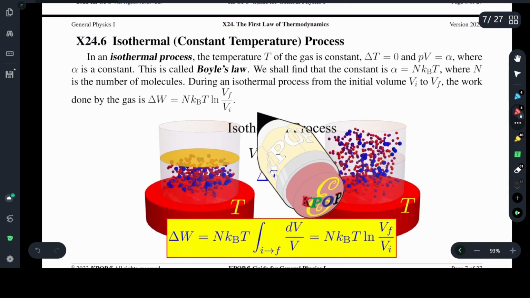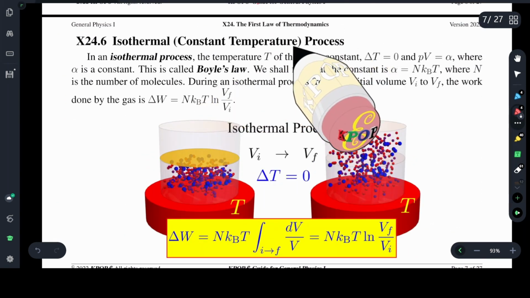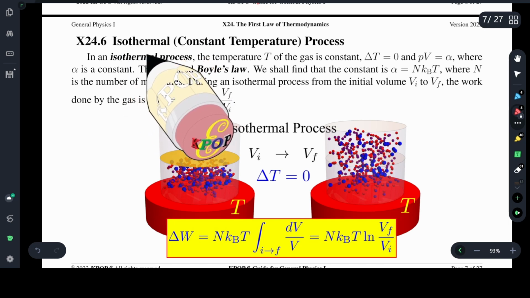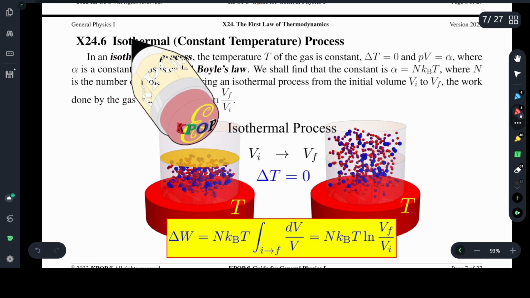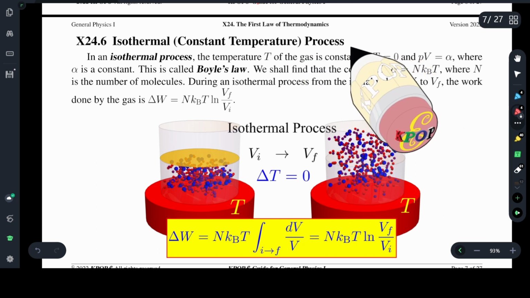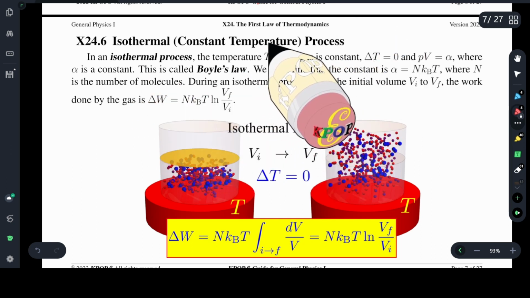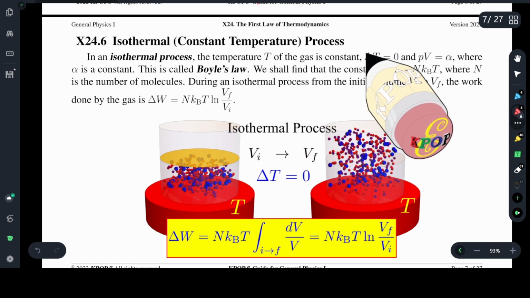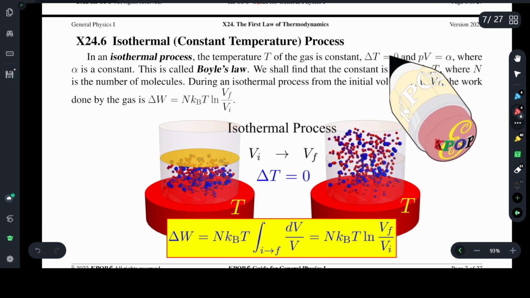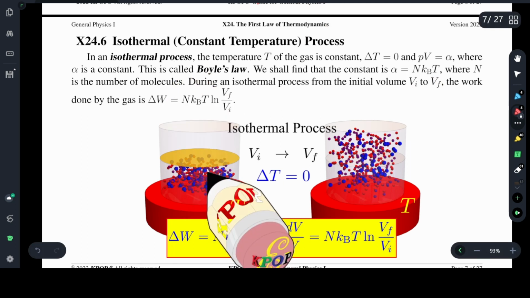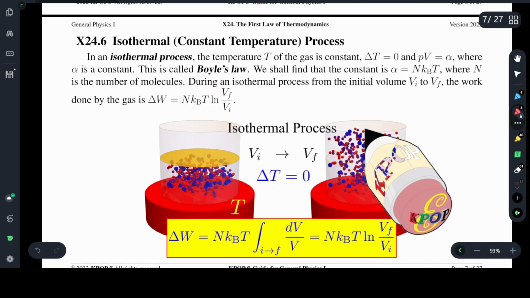Next, we consider the isothermal process. Isothermal means temperature is equal. So it is a constant temperature process. In an isothermal process, temperature doesn't change. Because temperature doesn't change, internal energy of the system doesn't change. Because the gas does expand, it has a positive work.